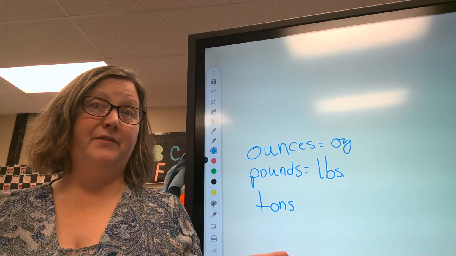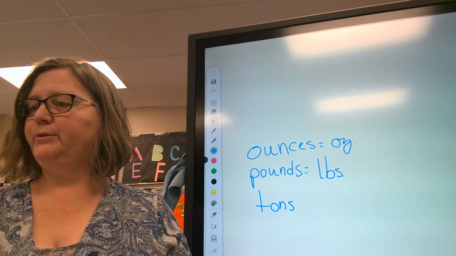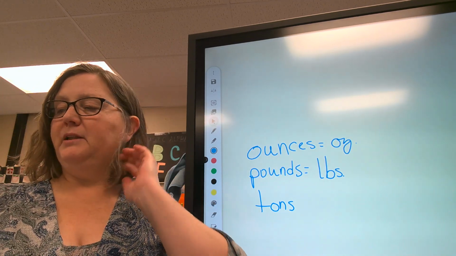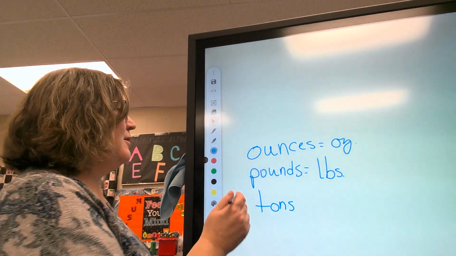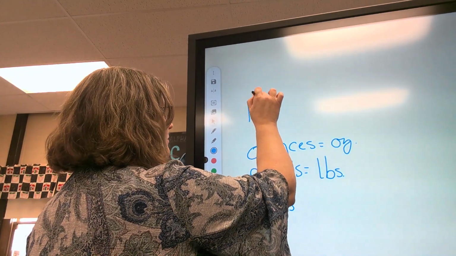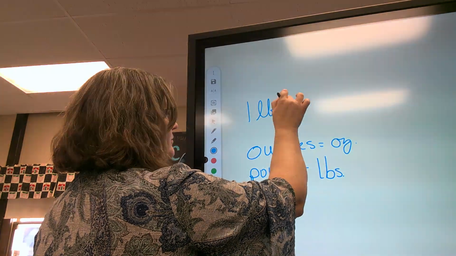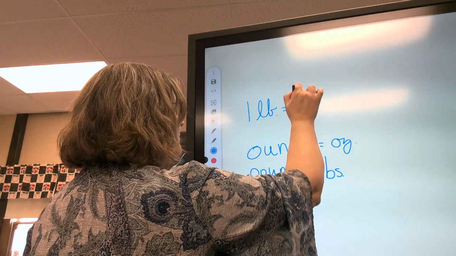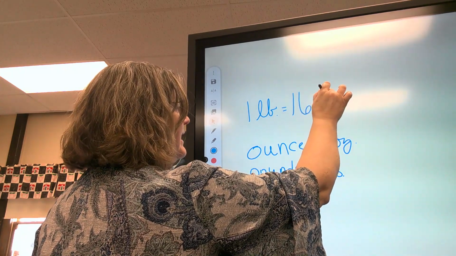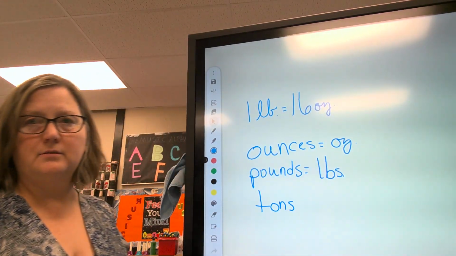But a liquid can be heavier or lighter than water, too. All right, take a look at the table below. 1 pound is how many ounces? Look at the little table. Yep. 16 ounces is 1 pound.